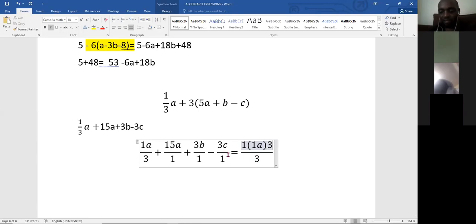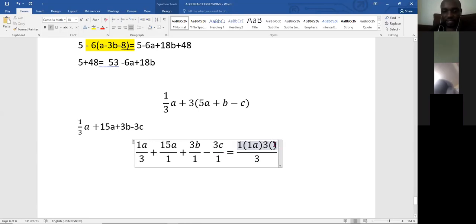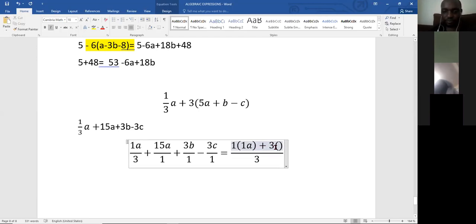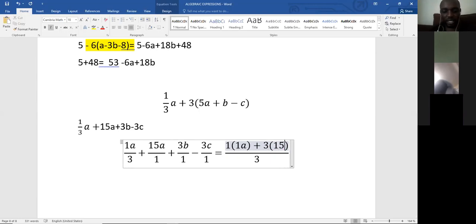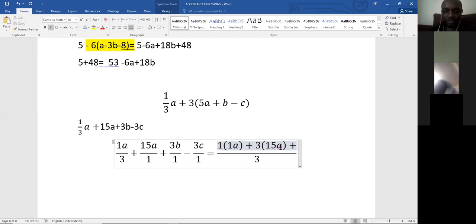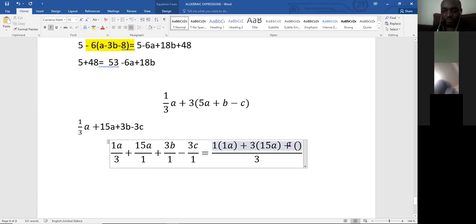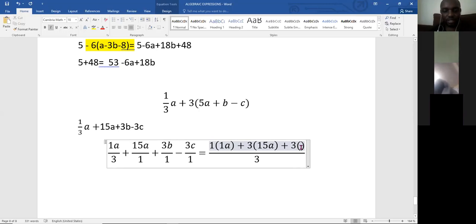So I now come here and multiply by, this was supposed to be plus, I multiply this one by 15a. And then here we also have plus. So 3 divided by 1, which is 3. So I multiply by whatever is inside the bracket, which is 3b.